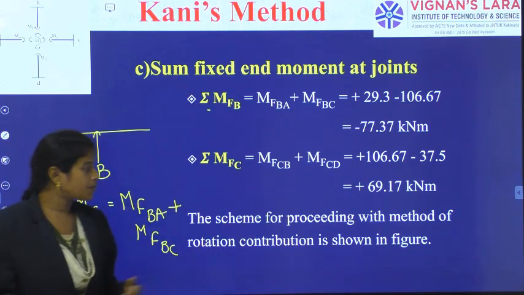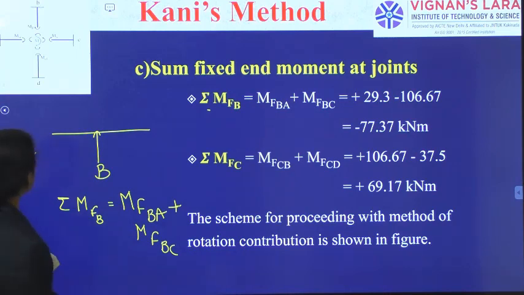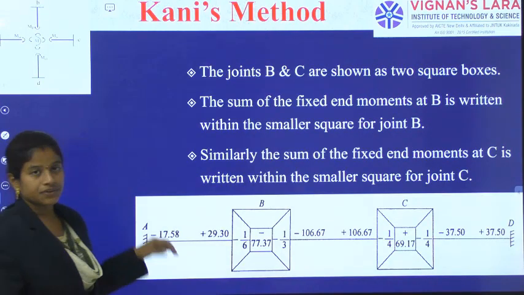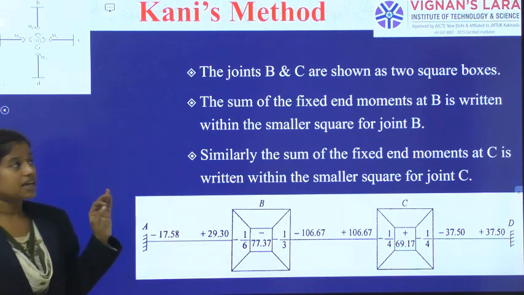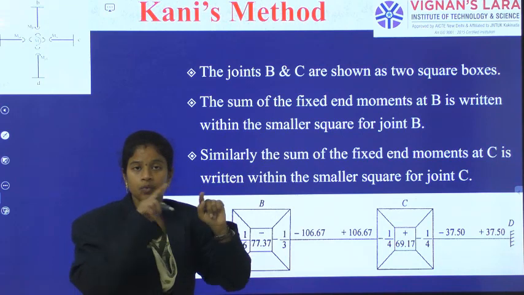Now, the scheme of our proceeding with the method of rotation contribution is shown in the figure. In that figure, the joints B and C are shown in two square boxes.